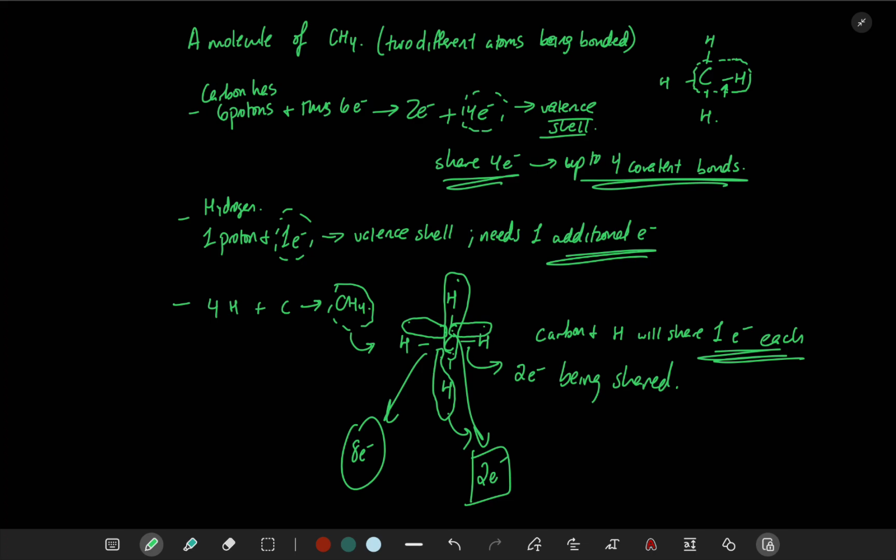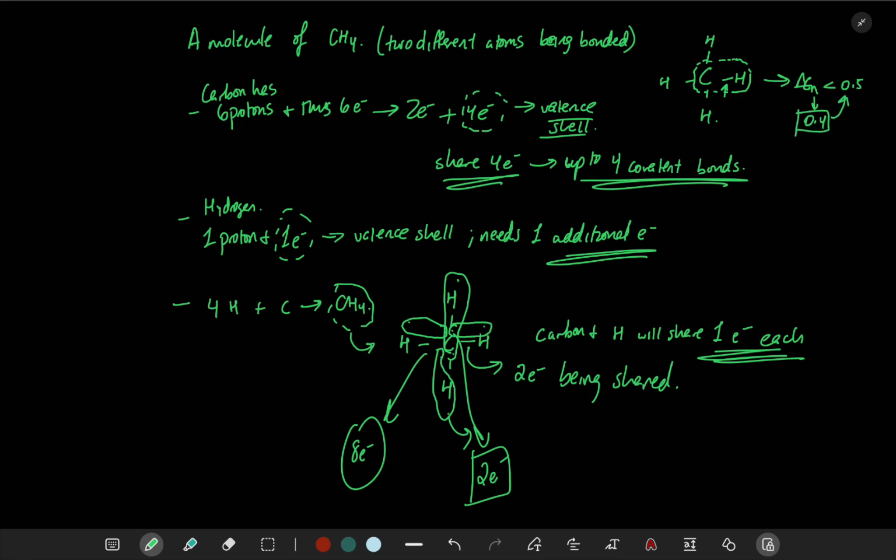But in this case, the delta electronegativity, meaning the difference in electronegativity between carbon and hydrogen, is going to be less than 0.5. Okay, it's actually specifically 0.4.